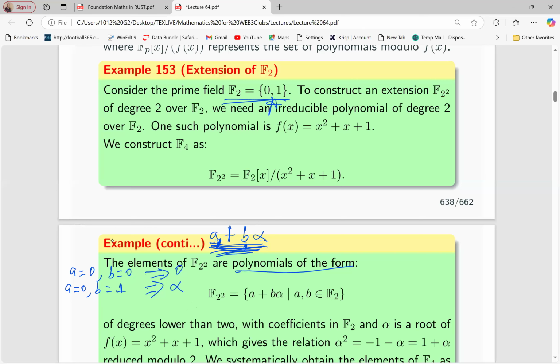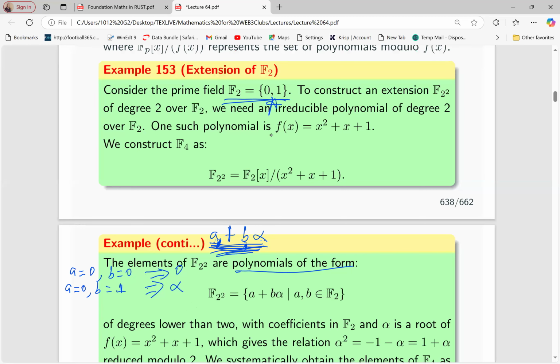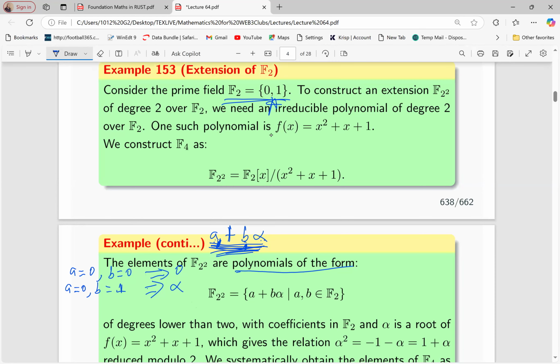So this is the second element we've obtained, another element of this field extension. We've exhausted all scenarios when A is 0: B could be 0, or B could be 1.